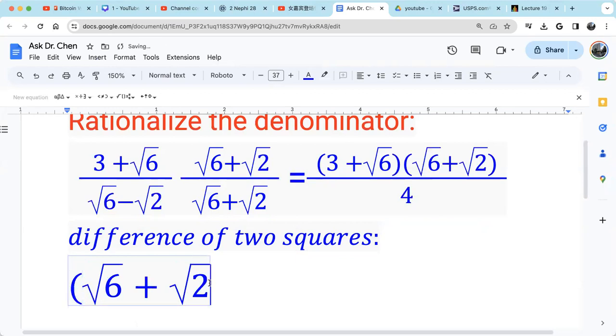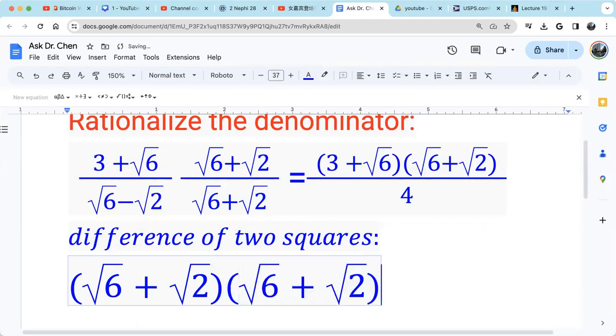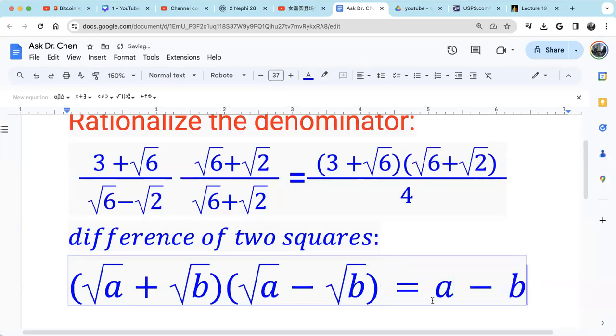I'm going to use A and B. Square root of A plus square root of B times square root of A minus square root of B equals A minus B. All right, so we use this formula.